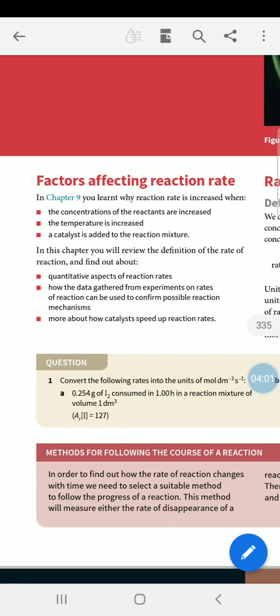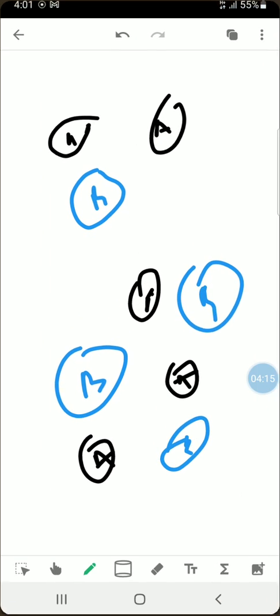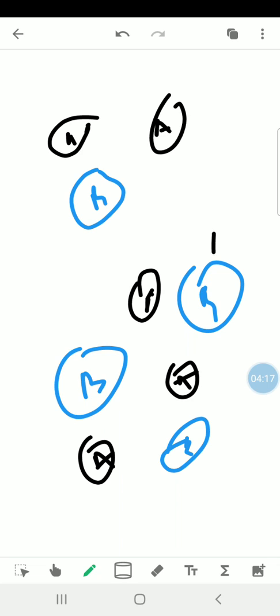Then the temperature is increased. Can you remember in O-levels we have learned that when you increase the temperature, the kinetic energy contained in these molecules would be higher. So they have a higher vibration, or a higher amount of energy, so they can move faster.